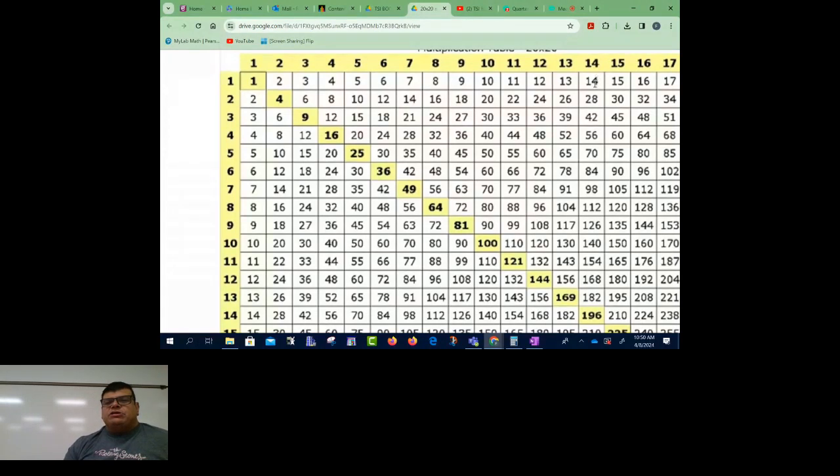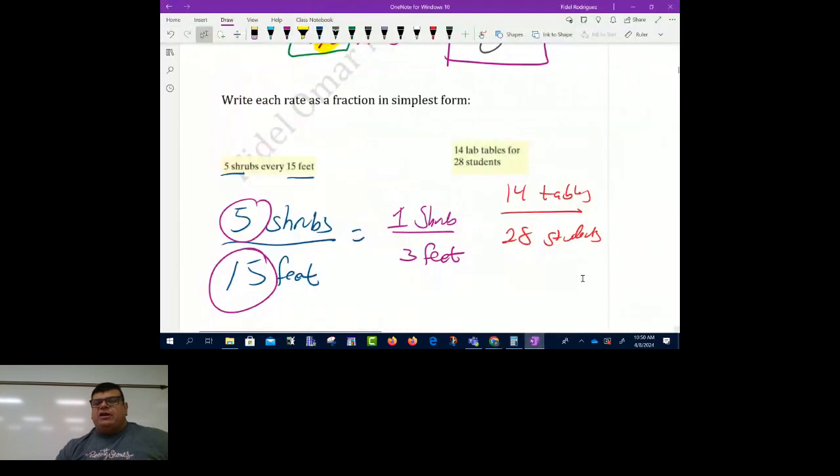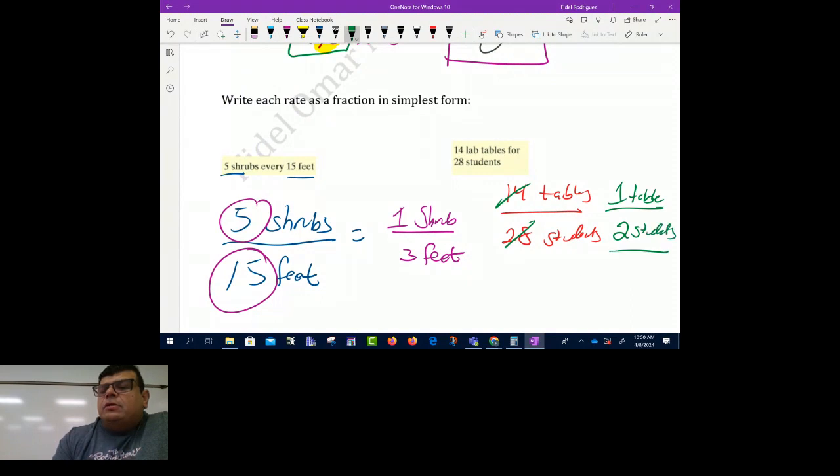So look right here, 14 goes into 14 one time, and 14 goes into 28 2 times, right? So look, we're dividing them both by 14. So what does that mean? That means that we have 1 table for every 2 students, right? If there's 14 tables for 28 students, that means that there's 1 table for every 2. That's all this part means here, okay?